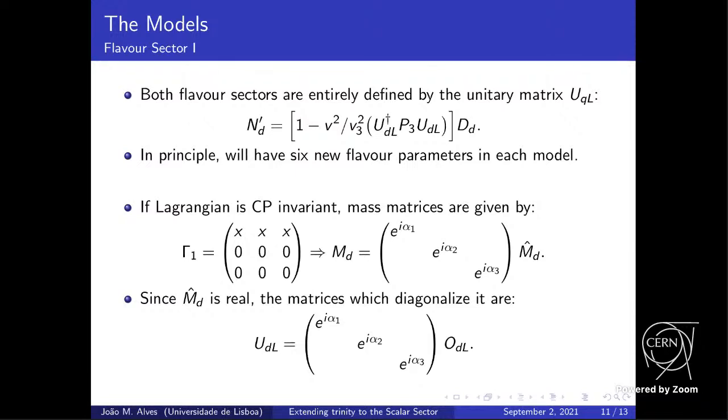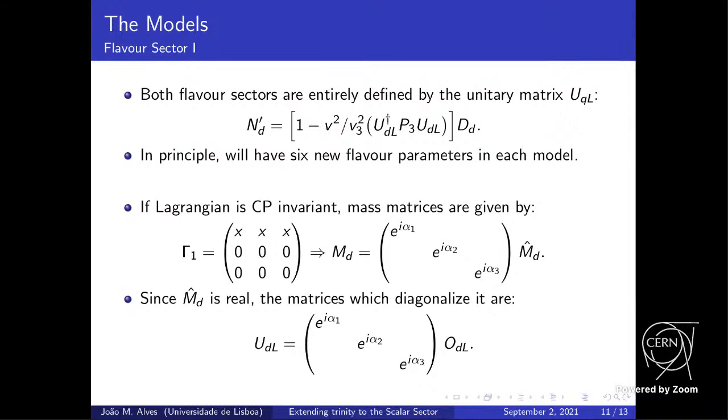Now, the thing is this. So I illustrate here just gamma 1, which is in both models given like this, but you can see that in each model, each scalar contributes to just one line. So if you input CP in your Lagrangian, your Yukawa couplings are going to be real, which means that when you look at the mass matrix, all of the phases are going to come from the scalars.